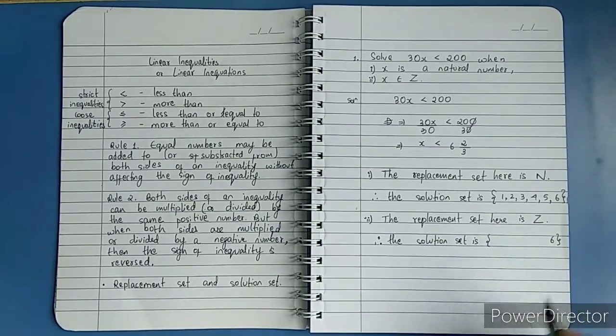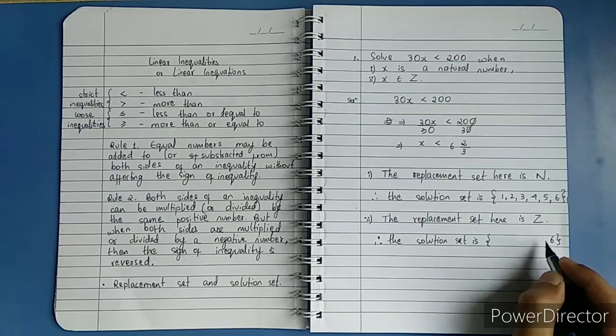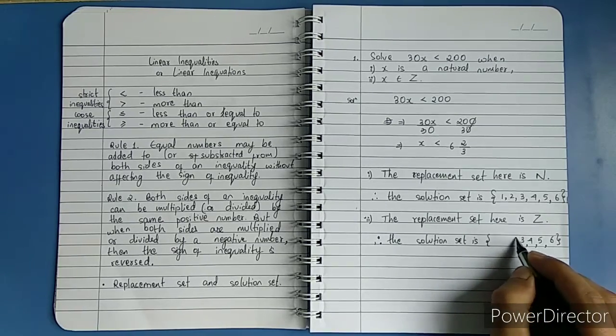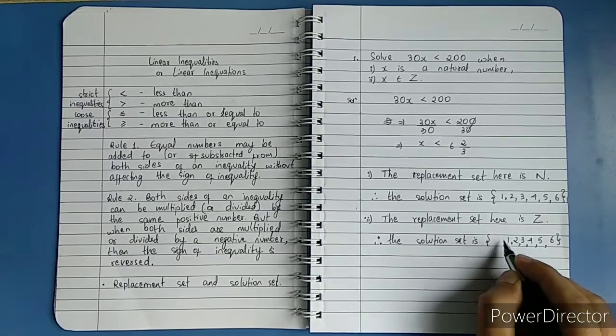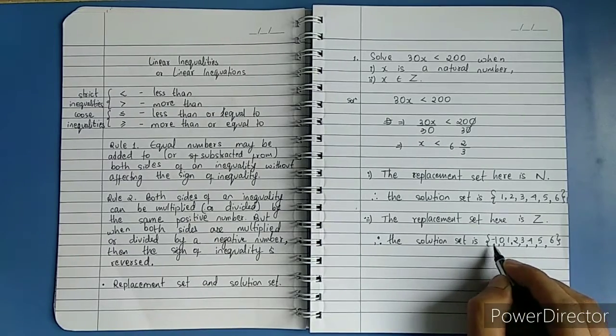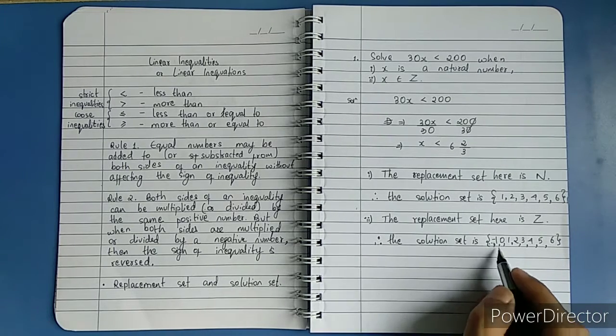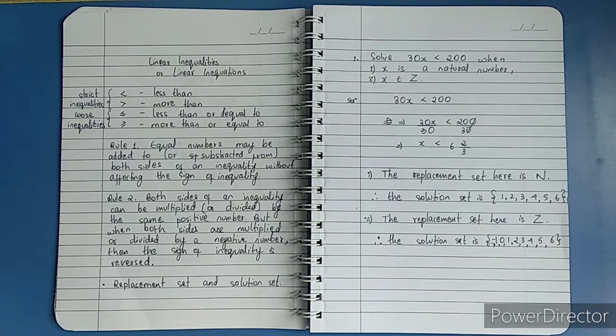So the biggest integer here will be 6, 5, 4, 3, 2, 1, 0, minus 1 and this keeps on going. So we'll represent this with 3 dots, that this will keep on going, this will not stop.